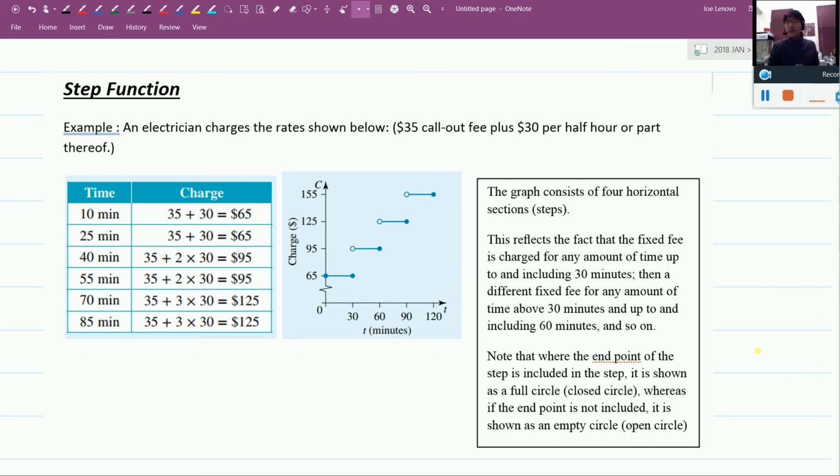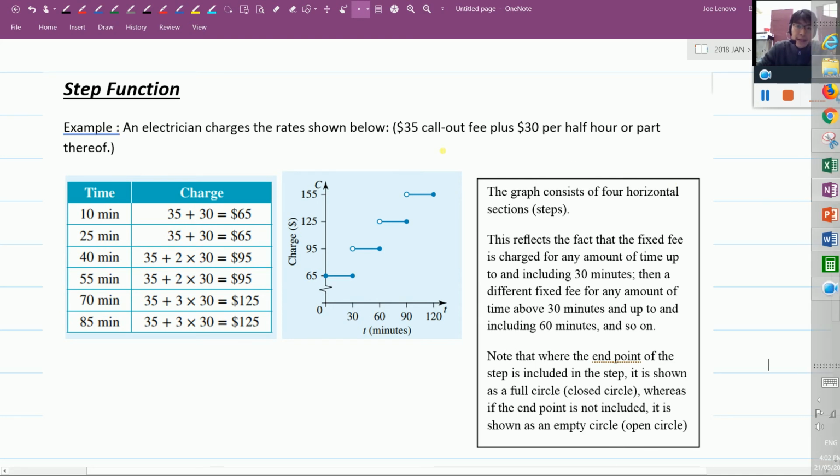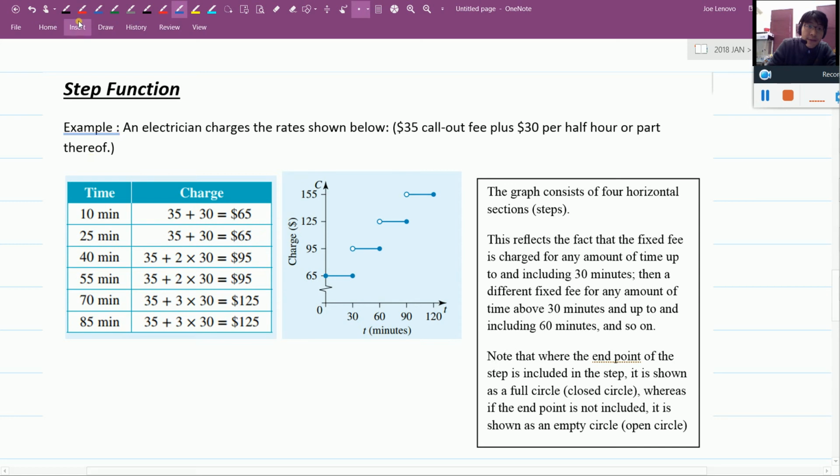If you call an electrician, they're going to charge you $30 for the first 10 minutes, but you also have a basic flat rate. The flat rate you need to pay is a $35 call out. If the electrician comes in, fixes it in 10 minutes, you pay the $35 call out and $30 per half hour, so you pay $65.